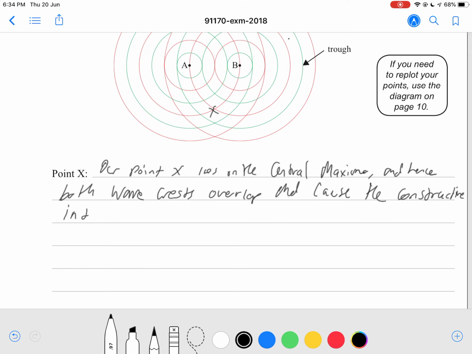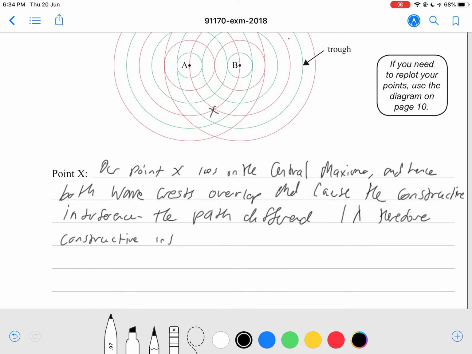We're going to say that the path difference is 1 lambda. Therefore, constructive interference, and the waves add to create a strong signal.